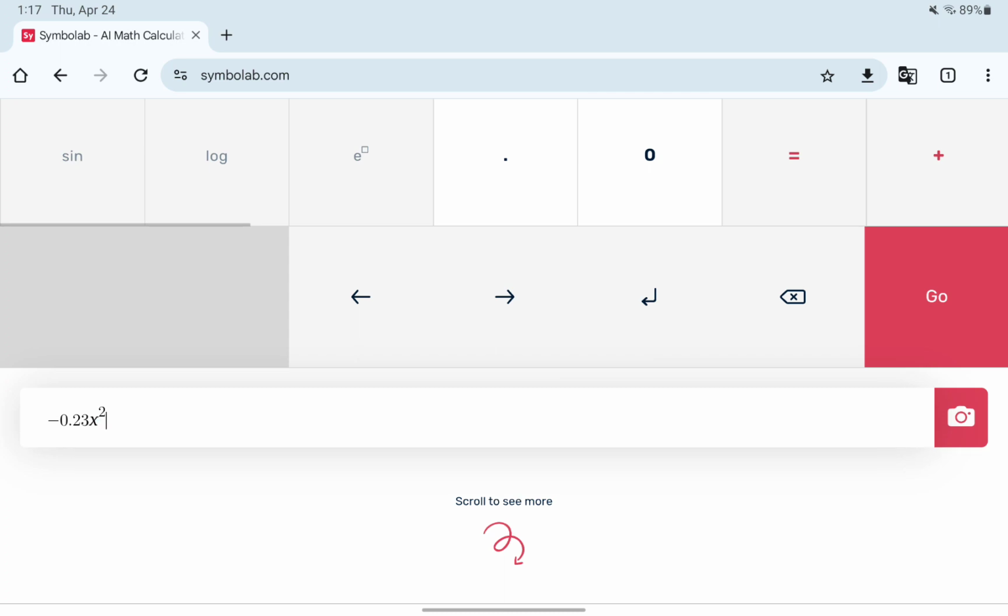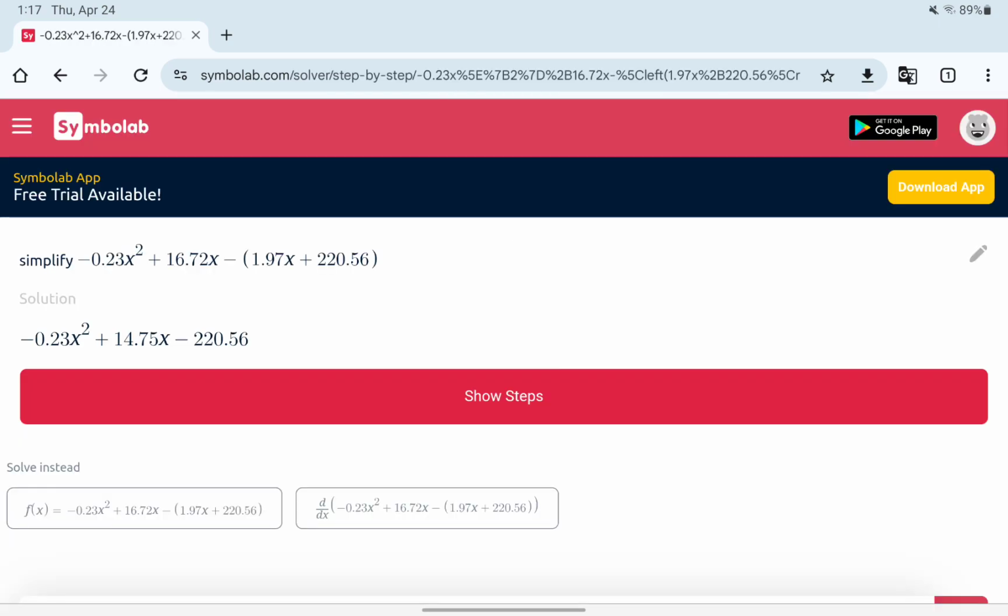So I press the arrow key there to move out of that exponent, plus 16.72x, and then we would subtract our cost function in a set of parentheses to make sure that that subtraction step carries all the way through our cost function. And then Symbolab would take care of that arithmetic for us, the simplification, to give us that profit function.